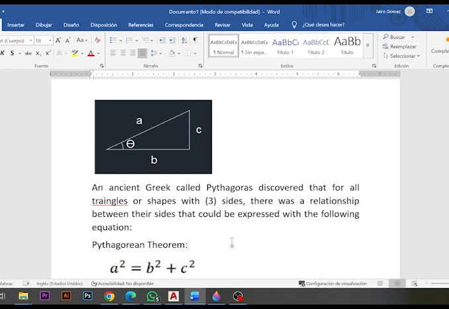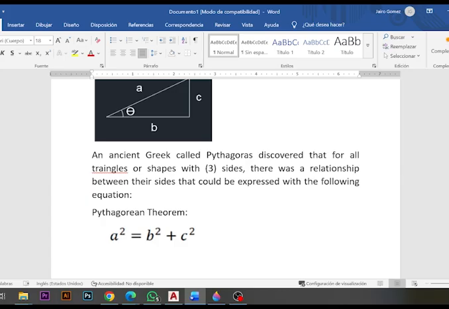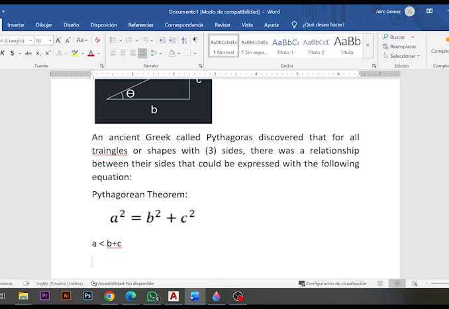So one of the theorems is that in this case side A is always smaller than side B plus C. I'll show three examples so that we have an idea.